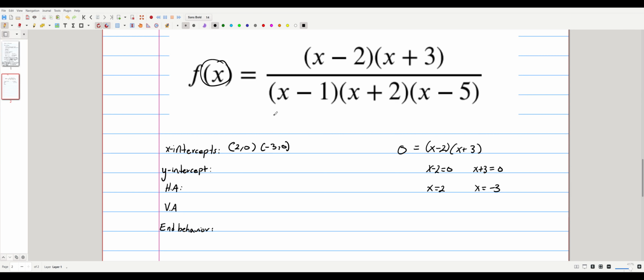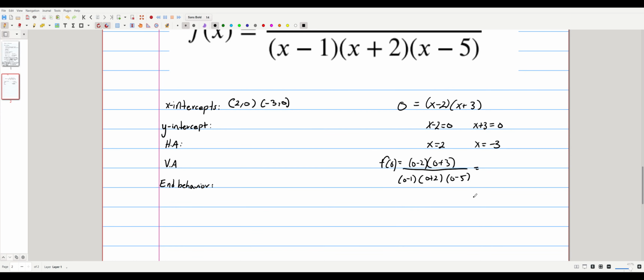Okay? Now, how do we find y-intercepts? Well, remember, you find a y-intercept by setting x equal to 0. And so to do that, it's pretty simple. So we say f of 0, letting x equal to 0, is equal to 0 minus 2 times 0 plus 3, over 0 minus 1 times 0 plus 2 times 0 minus 5.